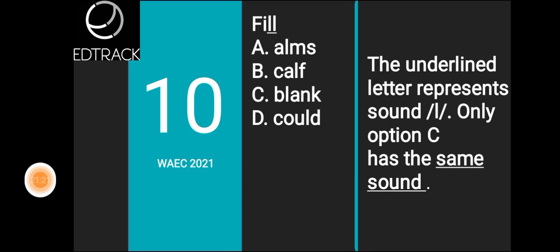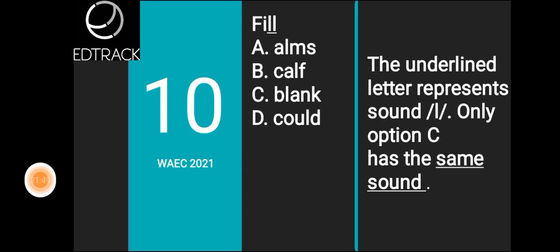That letter L you see there too is not pronounced. So we are left with only option C, blank. Option C is our correct option because that is the only option that has the sound L.